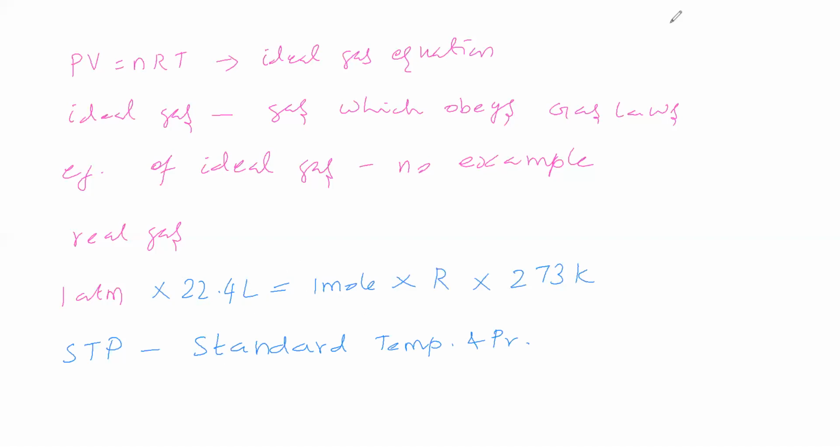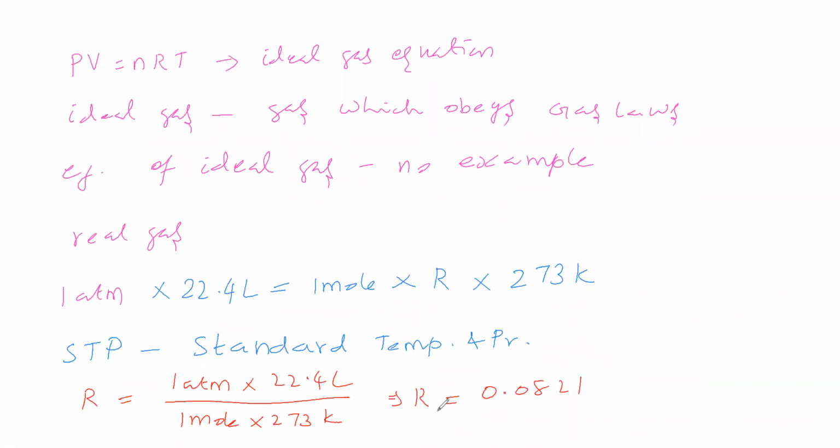Now we can find this R value. R is equal to 1 atmosphere times 22.4 liter, divided by 1 mole times 273 Kelvin. On simplification it comes to 0.0821. The unit is liter atmosphere per Kelvin per mole. This R is called the universal gas constant.